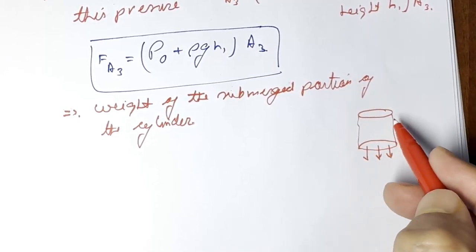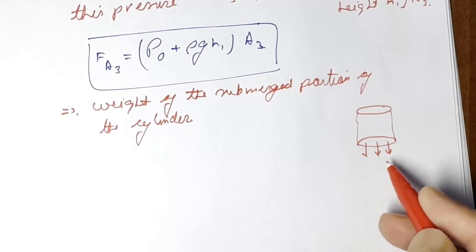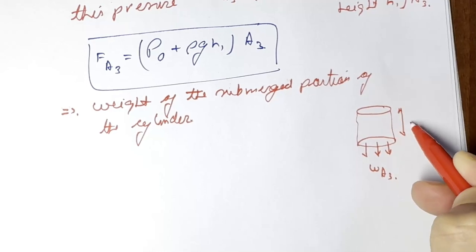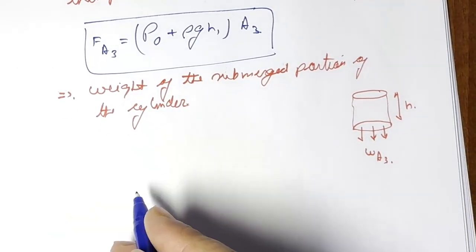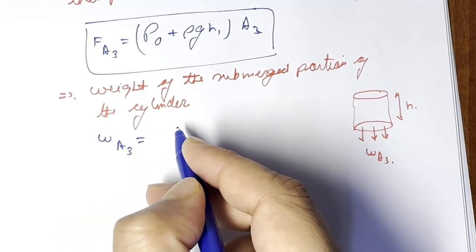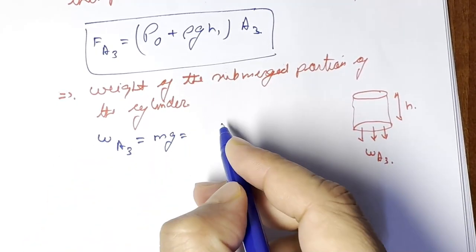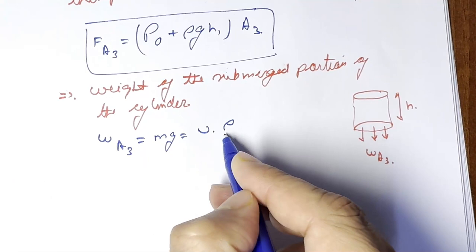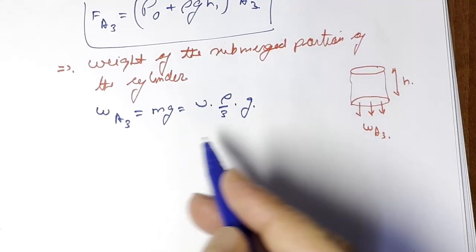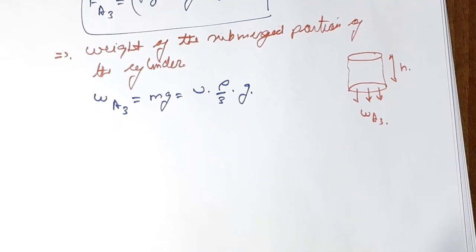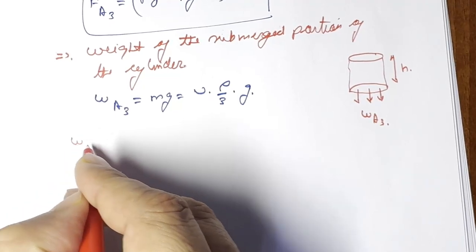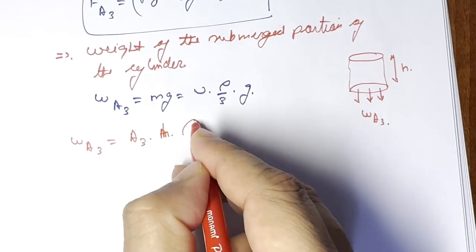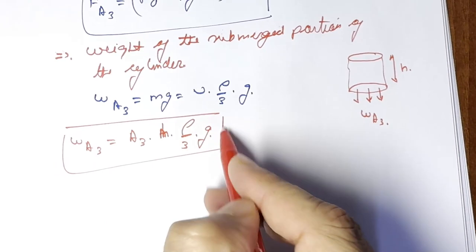Let us call this WA3, and the height of the cylinder is given as H. So WA3 will be equal to mg, and we can write this as volume multiplied by density, which is given to us as rho by 3, multiplied by g, and volume we can write as A3 multiplied by H. Therefore we get WA3 equal to A3 multiplied by H, rho by 3, multiplied by g, and this is our weight equation.